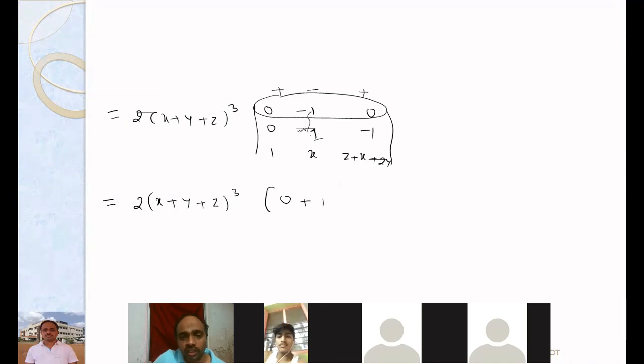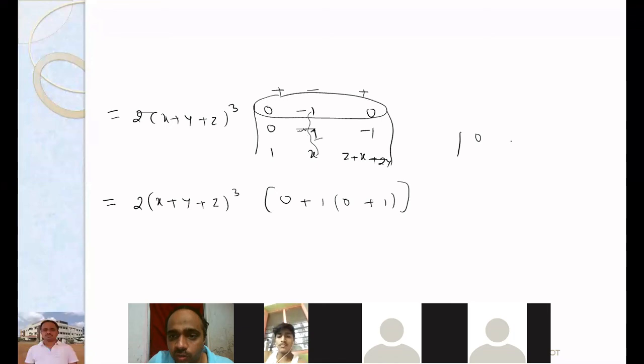Delete this row, delete this column. 0 into x, z plus x, 0 into z plus x is 0. Minus 1 into minus 1, that is plus 1. This is the answer. Delete this row, delete this column. What do we get? We get this minor. I'll write the minor here.